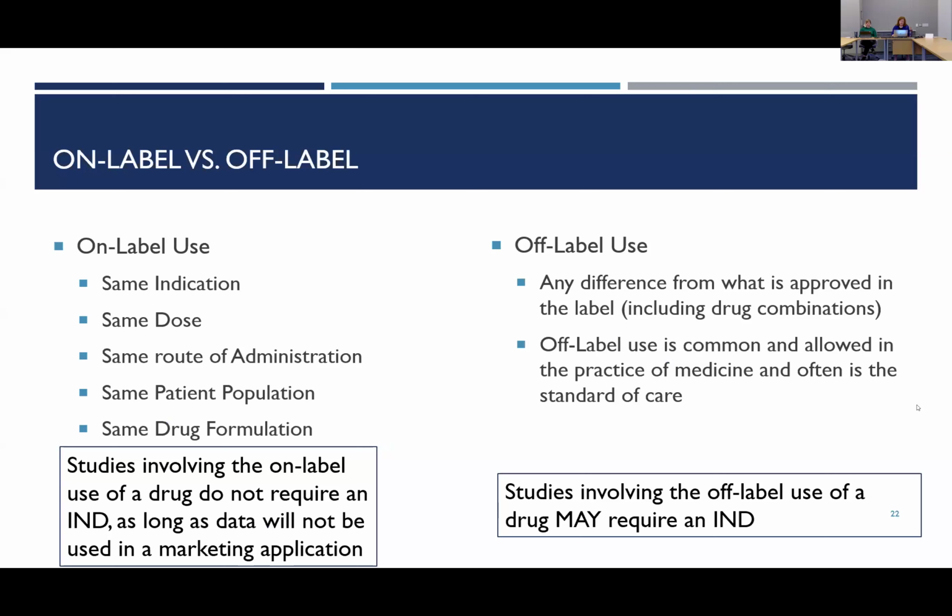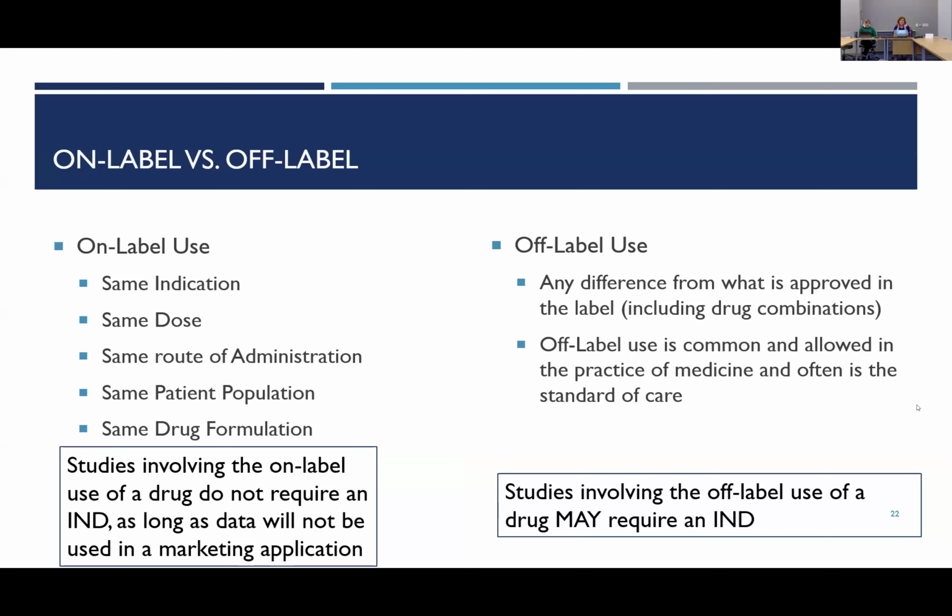So again, when we're talking on label, you're talking same indication, so same patient population, same dose, same route of administration, same drug formulation. So studies that involve the use of a marketed drug that is on label do not require an IND.